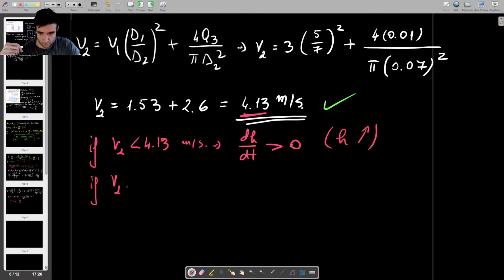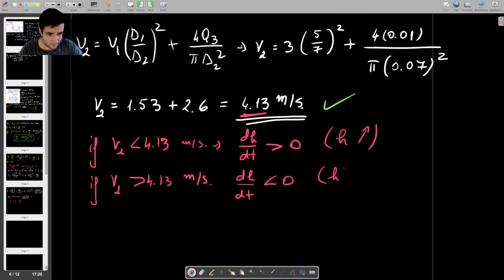And if V2 is bigger than 4.13, so let's say if you fully open the valve, then the level of the water in the tank is going to start dropping. So that corresponds to the height decreasing over time.